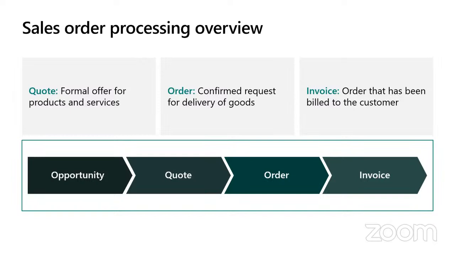process at an overview level, we've got three things. I think we've already spoken about the opportunity. Then from the opportunity, things move on to a quote because someone has expressed an interest to buy your product or your service. As an organization, you give them a quote. This is what you want, and this is what we sell at, and these are the payment terms.